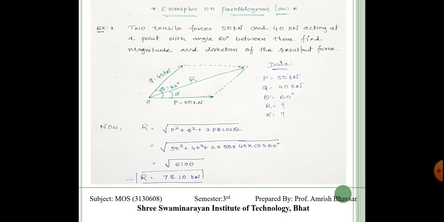First one is the magnitude of the resultant force, that is R is equal to under root of P square plus Q square plus 2PQ cos theta, and second one is the direction of that resultant force, alpha, and the equation is alpha is equal to tan inverse of (Q sin theta upon P plus Q cos theta). So from these two equations we are going to calculate the resultant force and its direction.